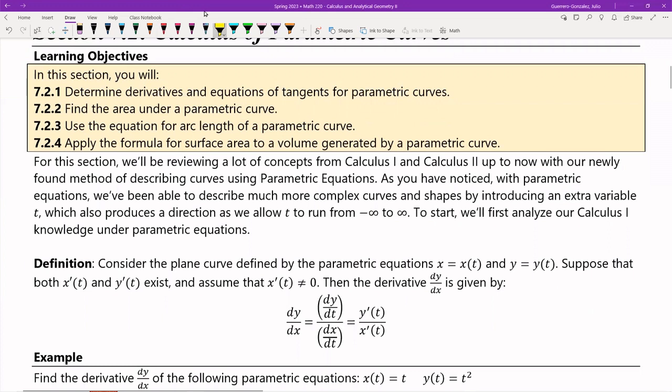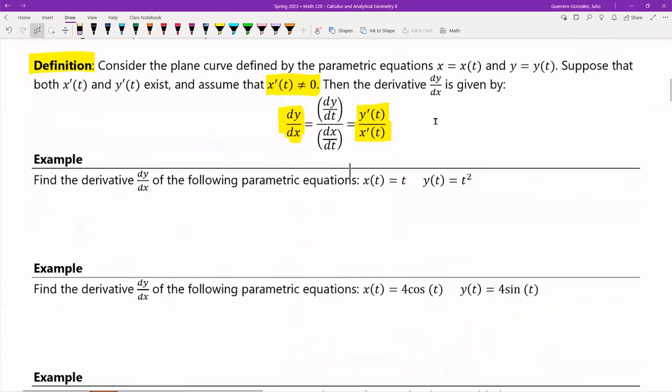The derivative of a curve defined parametrically, assuming that the derivative of x of t is not 0, is just y prime of t divided by x prime of t. The way this works out is because of the chain rule. That's it, okay? Let me give you a couple of examples here.